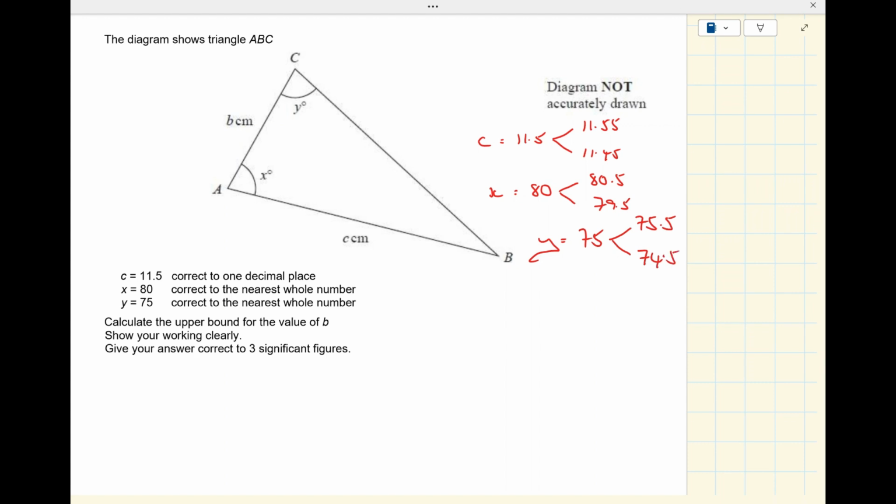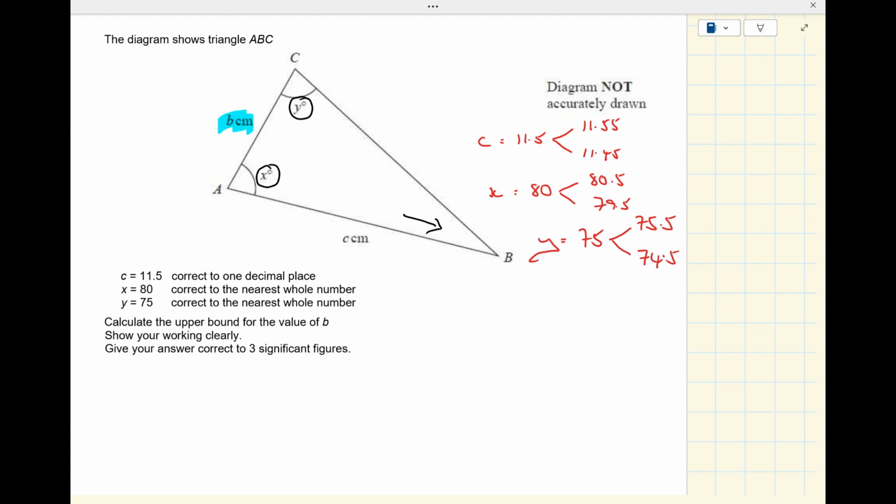Okay, calculate the upper bound for the value of B. Well, I suppose first of all we have to think, how on earth do we find B? If we know X and we know Y, then we can find this angle.